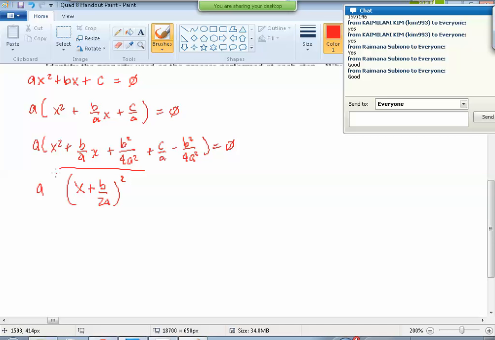And I still have this plus c over a minus b squared over 4a squared. What was it underneath the b? It's 2a. I'll rewrite that. 2a. Cool?